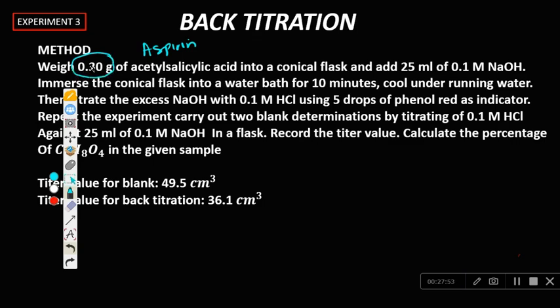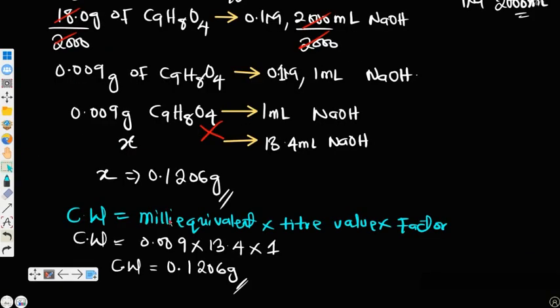You did not take part of it, you titrated the entire thing. That was the one you took for your titration, but at the end of the titration, you discover that the amount inside is 0.1206.